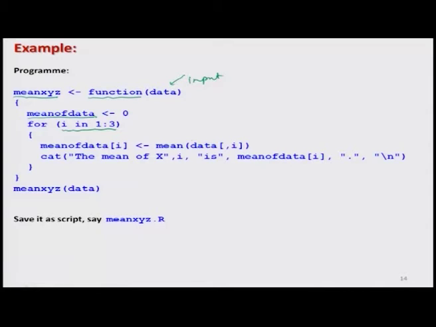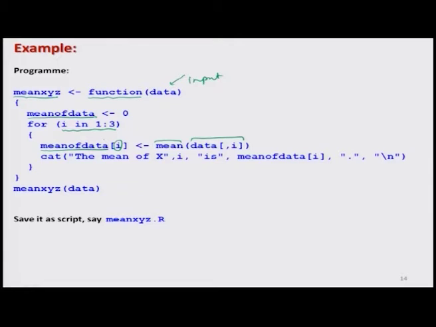So, I am trying to say, please read the data column, data bracket comma I, and then find the mean of this column. Whatever is the mean of this ith column has to be saved inside a new variable, mean of data, and it has to be stored in the ith position.